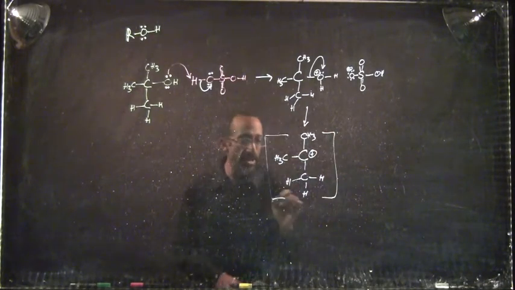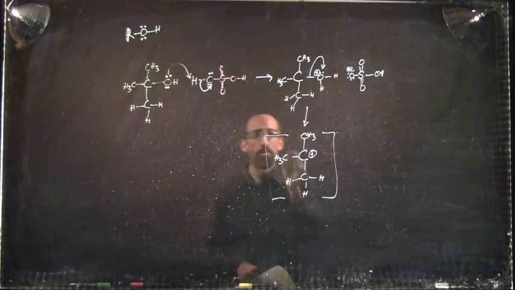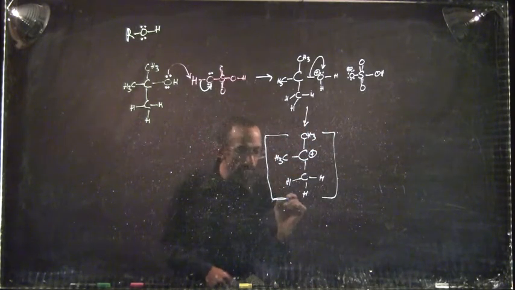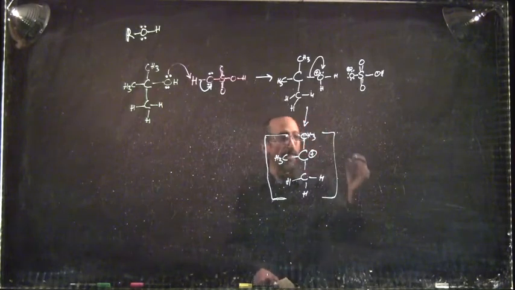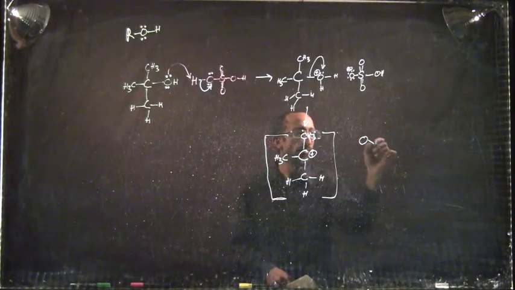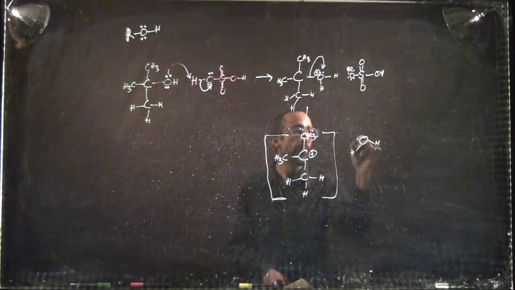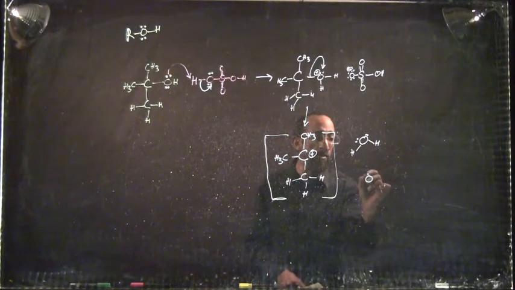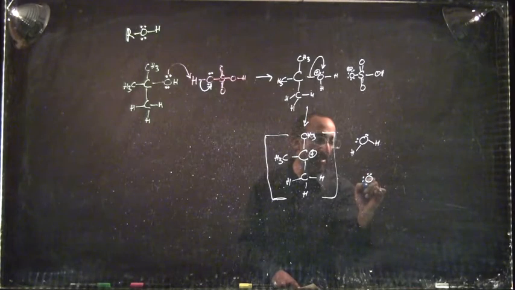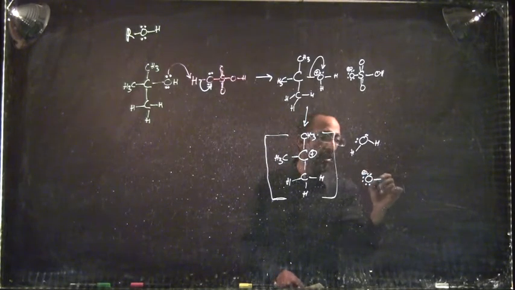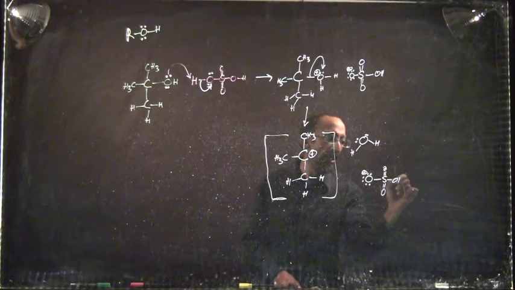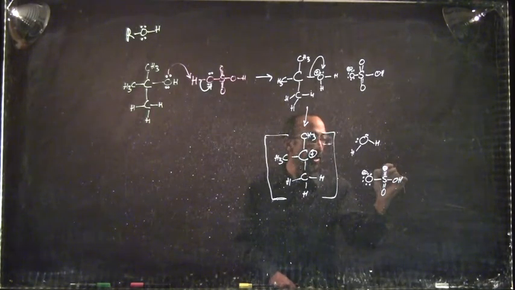The carbocation intermediates, we put those into brackets because they are short-lived intermediates. Now, I've formed water, which is a weak base, and I still have the conjugate base of sulfuric acid from my first step, which is also a weak base.